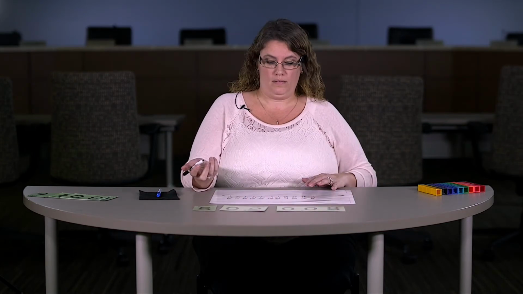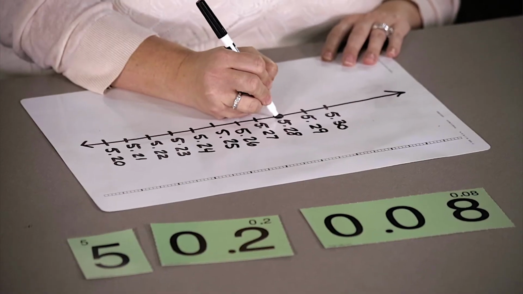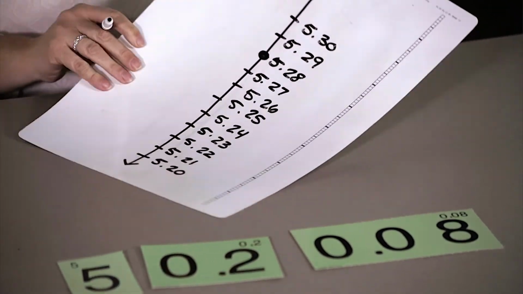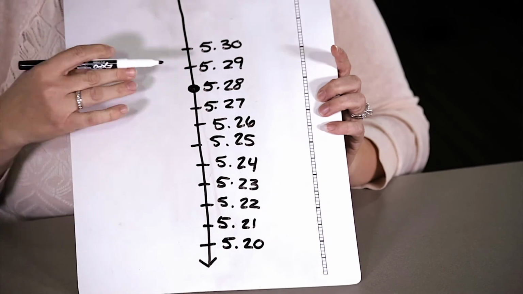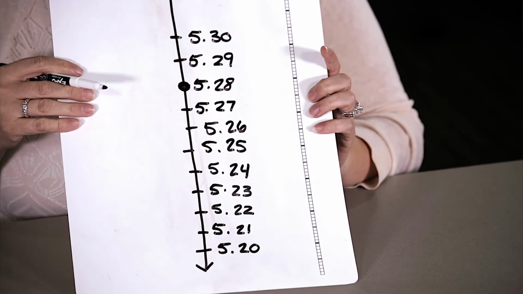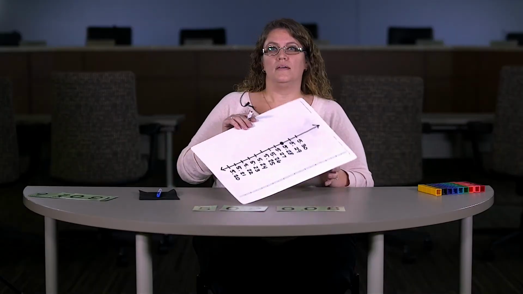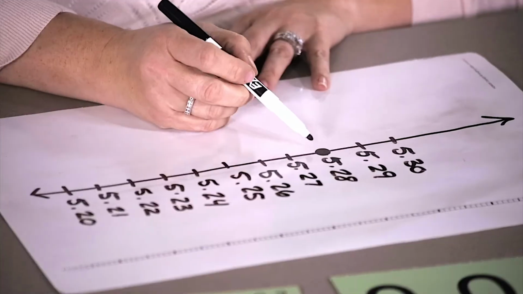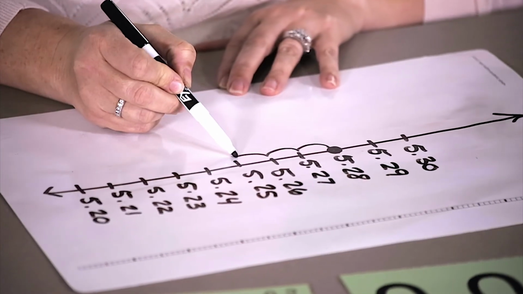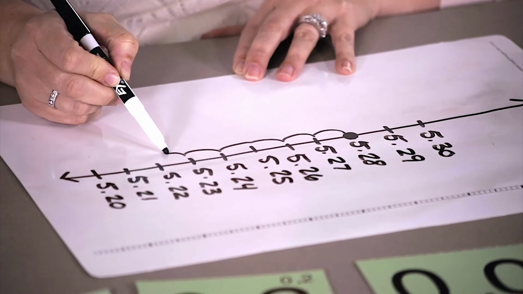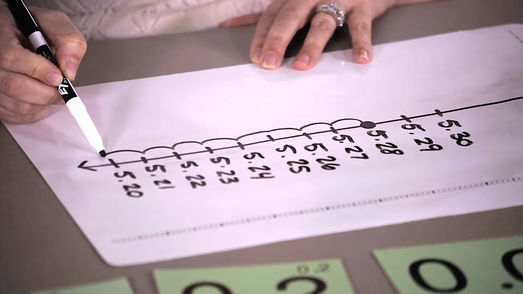After labeling the number line, direct your child to locate the number 5 and 28 hundredths on the number line. You locate it with a point. Now, count the number of places to go back to the tenth that came before. 1, 2, 3, 4, 5, 6, 7, 8.